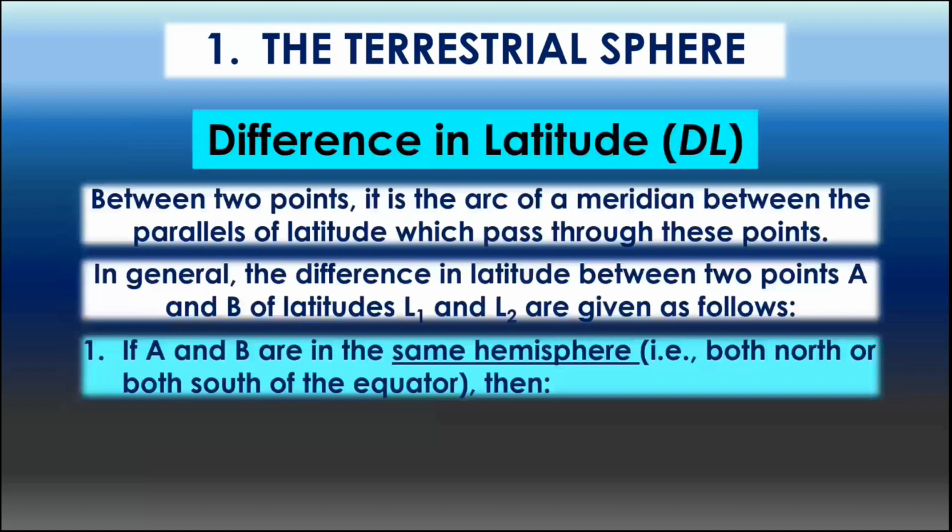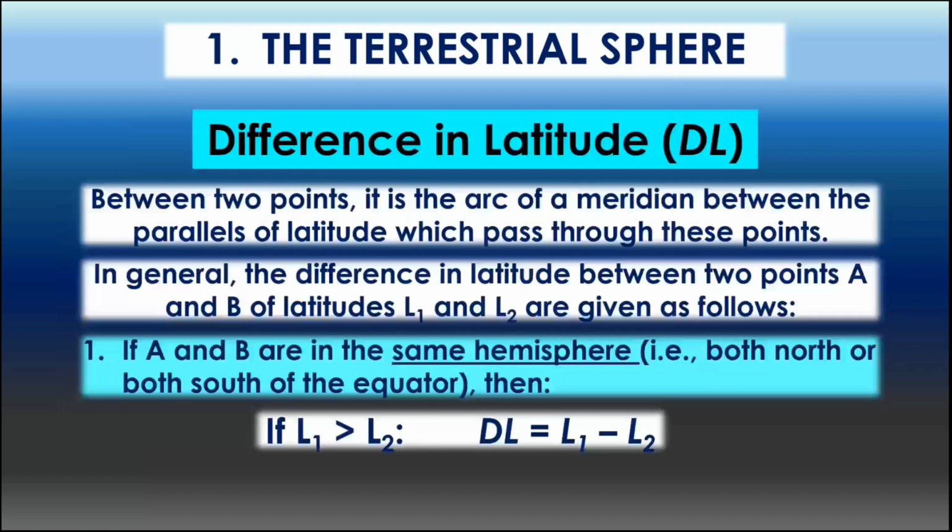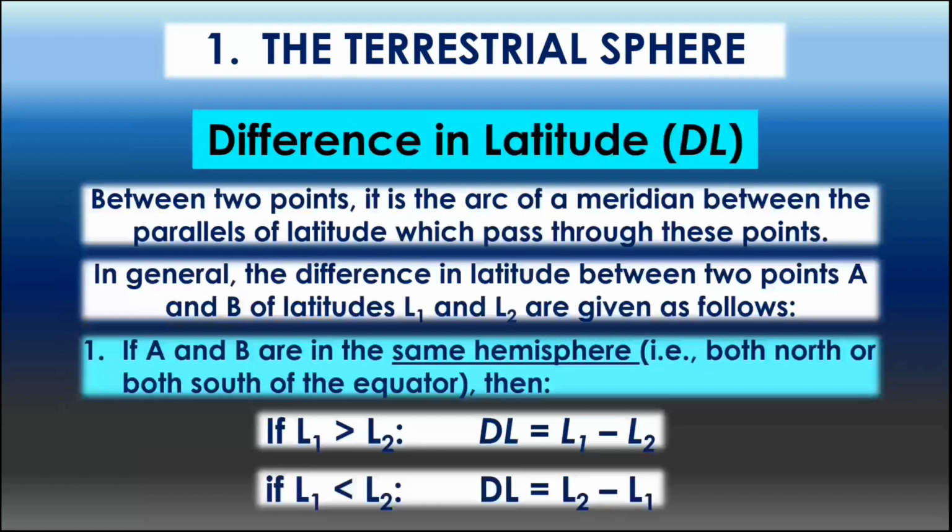Number 1. If points A and B are in the same hemisphere, for example, both on the northern hemisphere or on the southern hemisphere, then if the first latitude is greater than the second latitude, the difference in latitude is L sub 1 minus L sub 2. If the first latitude is less than the second latitude, then the difference in latitude is L sub 2 minus L sub 1.